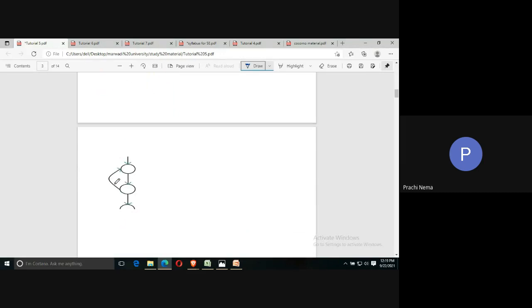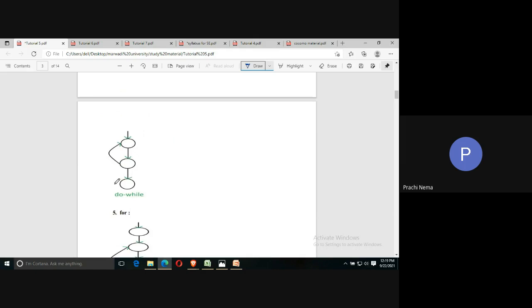Now coming to do while, here the statement will be executed once. Do while and while are different: for while the statements will be executed only if the condition is true, but for do while the statement will be executed at least once, whether the condition is true or false, it doesn't matter.